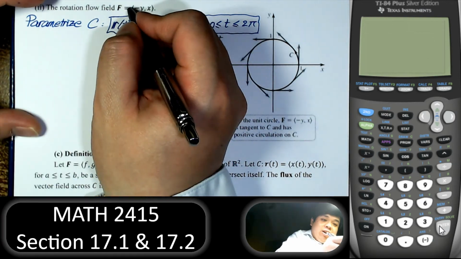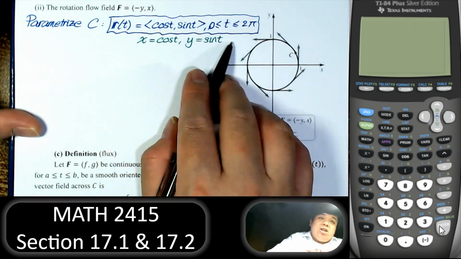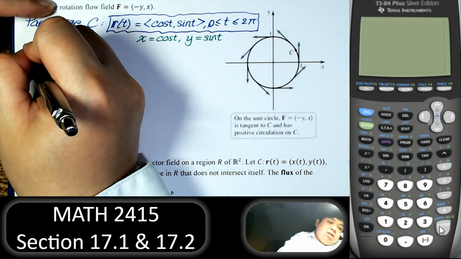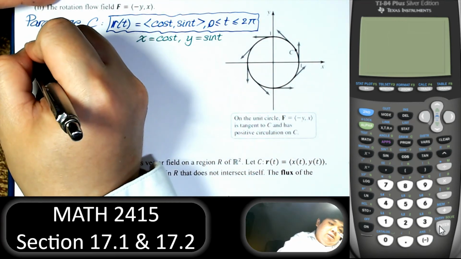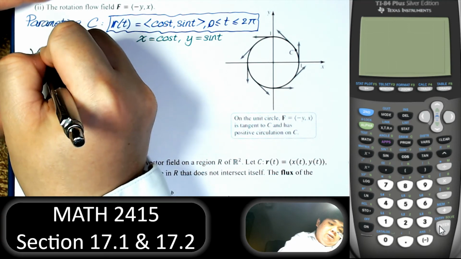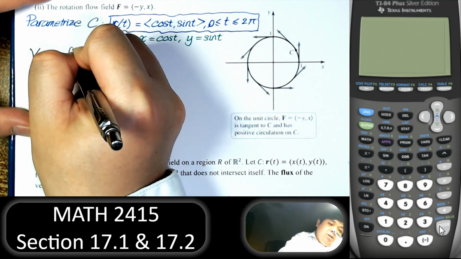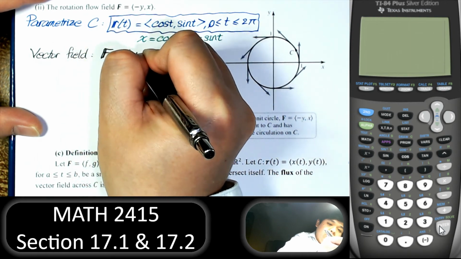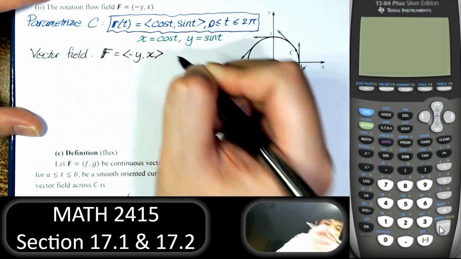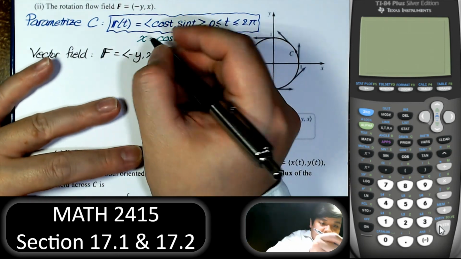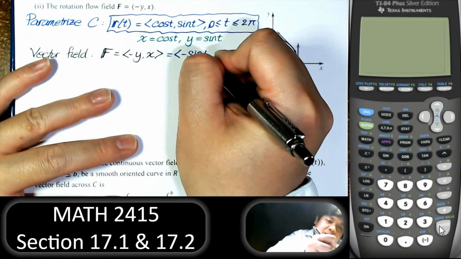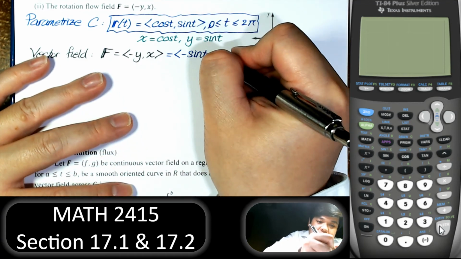Now, the vector field, we need to write that in terms of t, in terms of the parameter. y is sine t, so negative sine t, and x is cosine t.